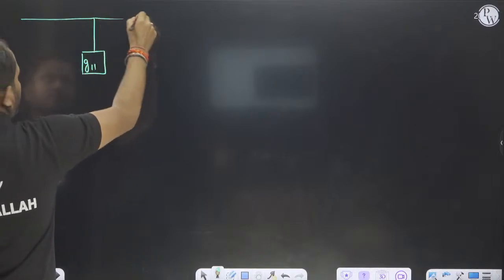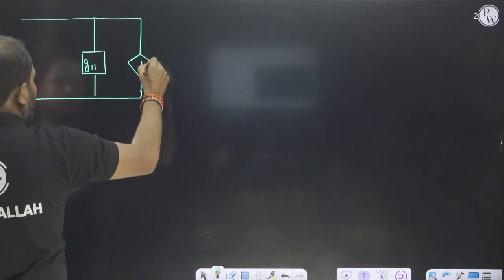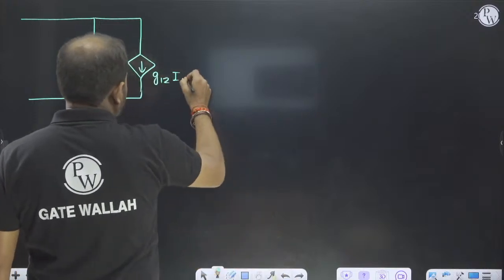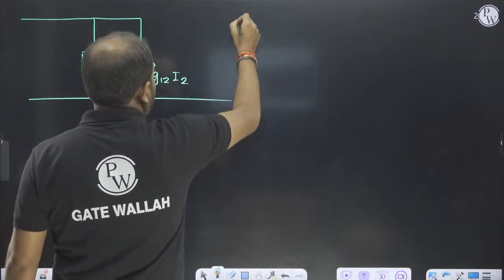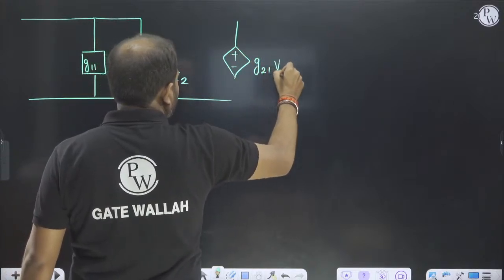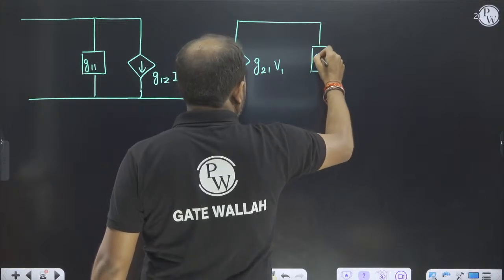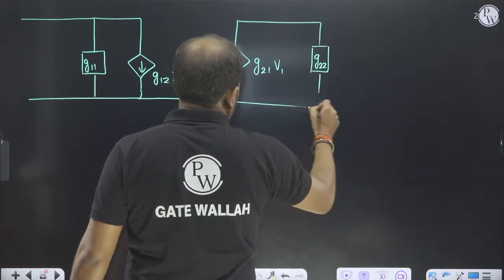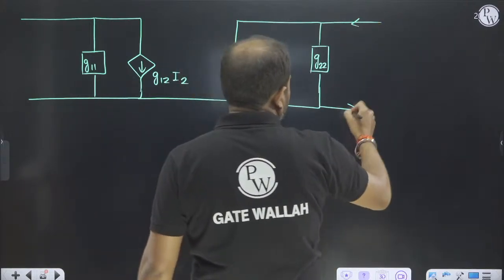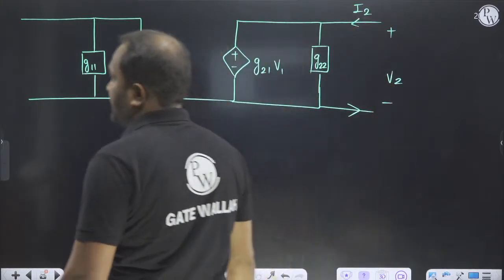G11 is a parallel condition, G12 I2 is a parallel current source, G21 V1 is a series voltage source, and G22 is a series condition. So this is our G parameter, with V2 and I2, V1 and I1.